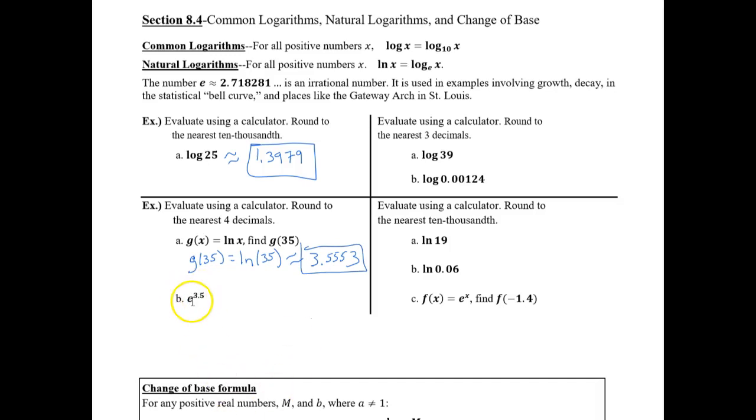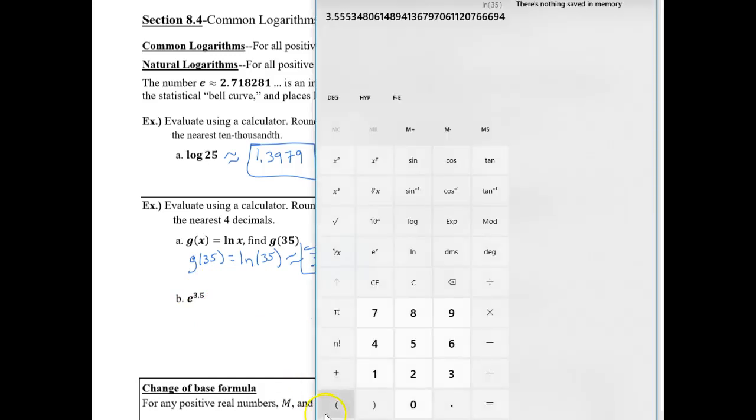Alright, the last one here. Now this is an exponential, so I'm using the e as my base. I'm taking that to the 3.5 power. Remember, e is not a variable, it is a number. So essentially I'm taking this base, this 2.7 and so on, to the 3.5 power. Again, I should have a button on my calculator that has an e to the x.